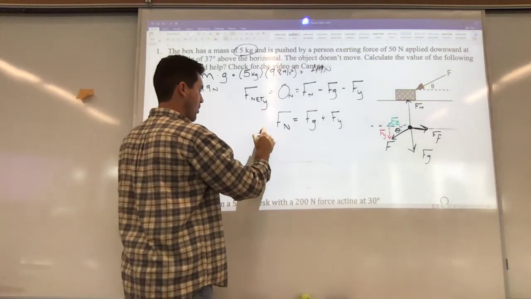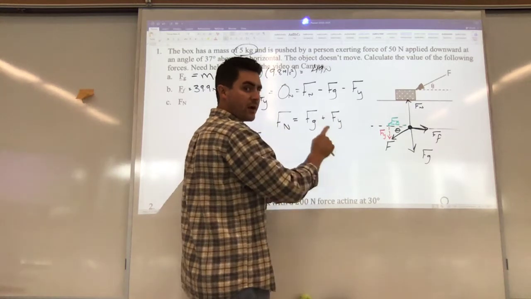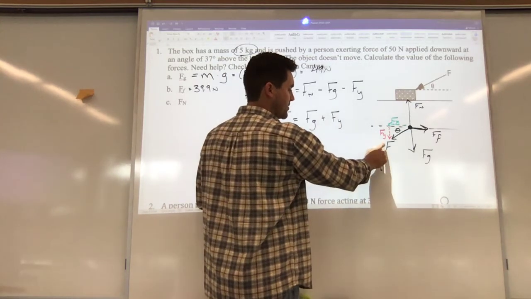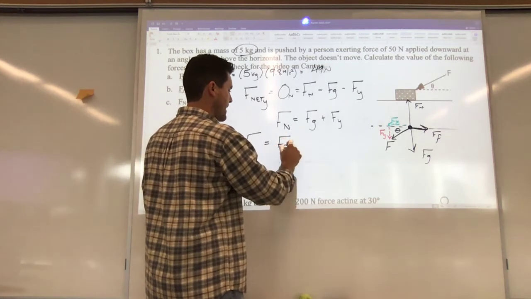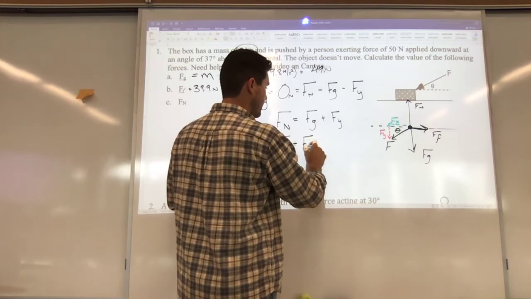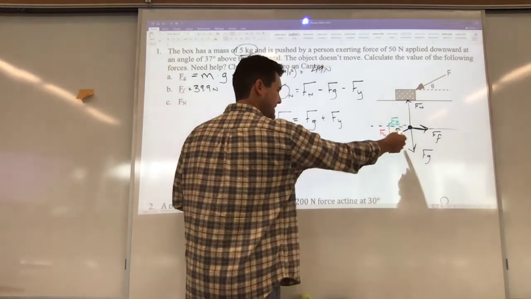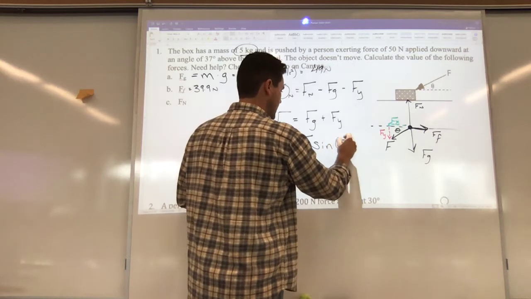Let's make one substitution because I don't know anything about Fy, but I know a heck of a lot about the force applied. So the normal force is equal to the weight of the object, or Fg, plus the force applied times, this is the opposite side, sine theta.